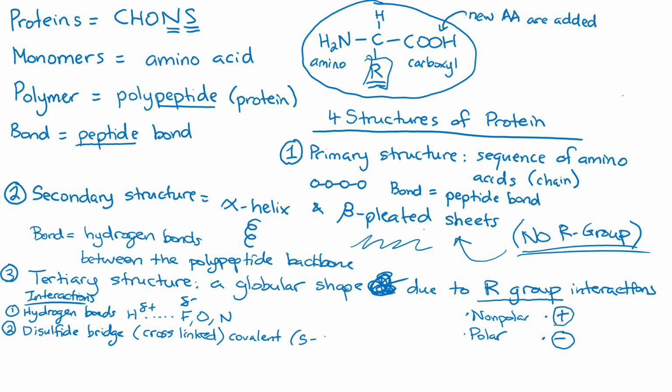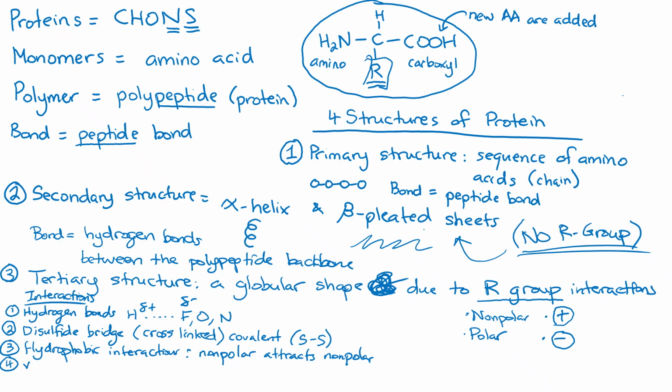Okay, so S, S. We have our third, hydrophobic interactions. With hydrophobic interactions, it just means that nonpolar is going to attract nonpolar substances. Nonpolar attracts nonpolar. Remember, the nonpolar would be those hydrocarbon chains. That's not charged at all.